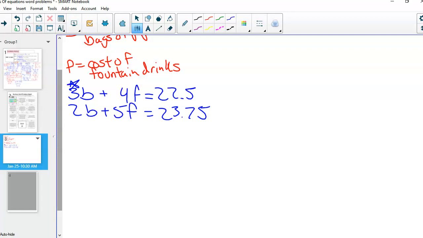I'm going to solve this for b. How would I solve this equation for b? Subtract 4f, so I'm going to rewrite it down here. Remember that these are not like terms, so you should not be combining. I'm going to try really hard to make this b look like a b and not a 6.